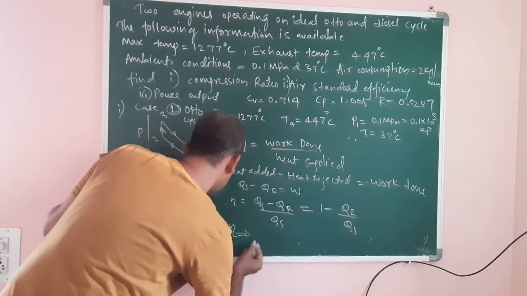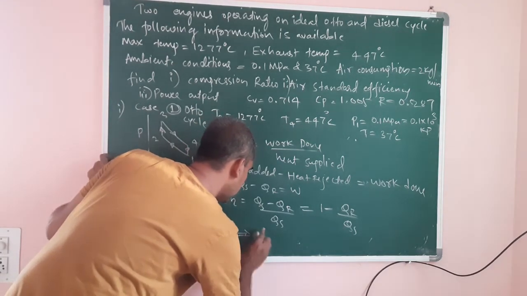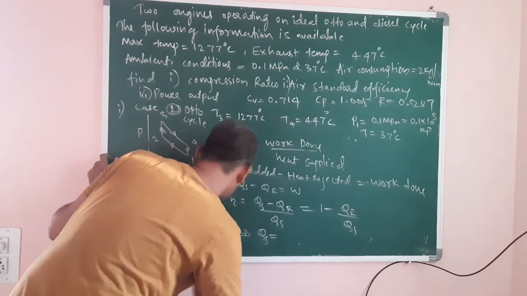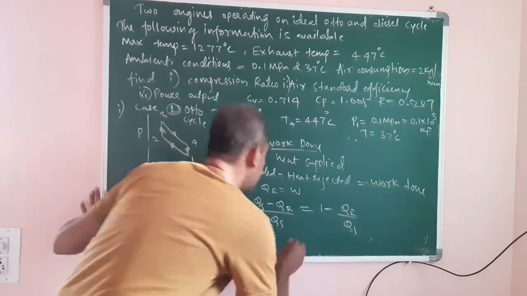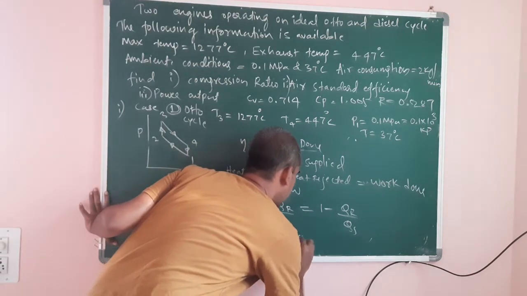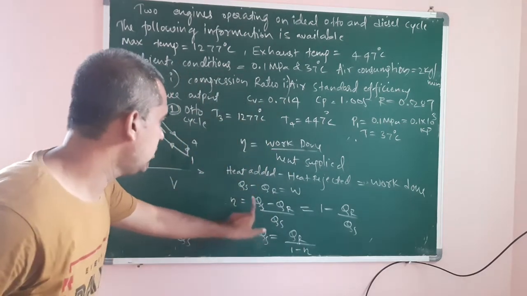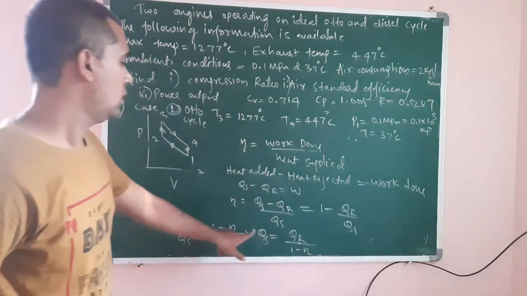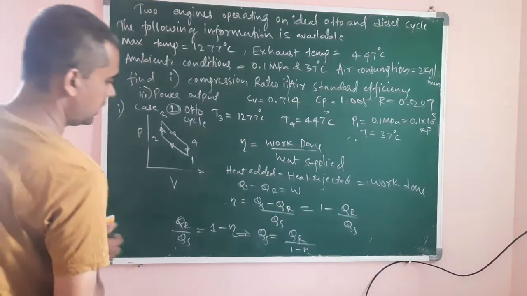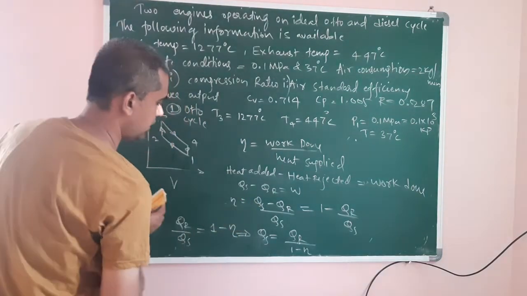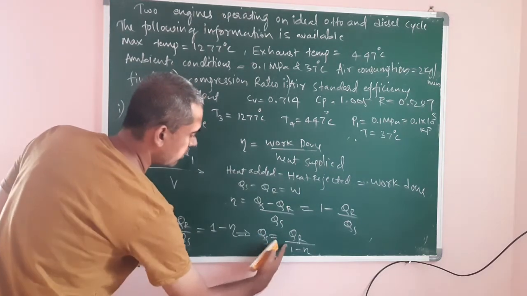Therefore QS equal to QR divided by 1 minus efficiency. That I will substitute here: QS is equal to QR divided by 1 minus efficiency.